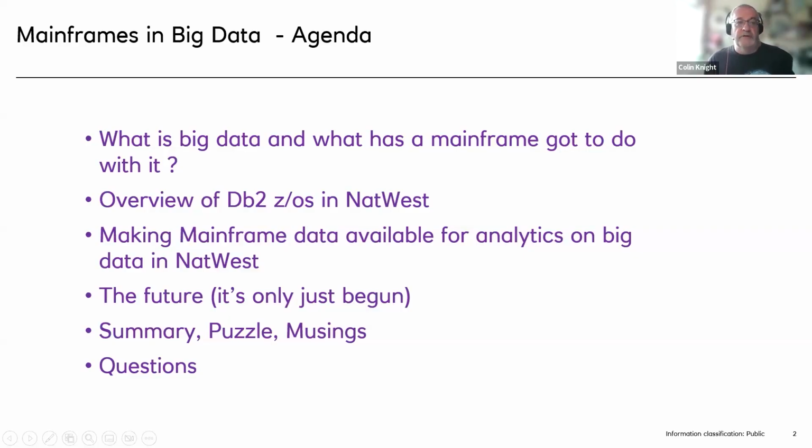First, what is big data, and what's a mainframe got to do with big data. Then I'll take you through how DB2 z/OS in NatWest looks, just how we do things with DB2 and what sort of scale we use, and so on. I'll move on to how we make mainframe data available for analytics on big data in NatWest.